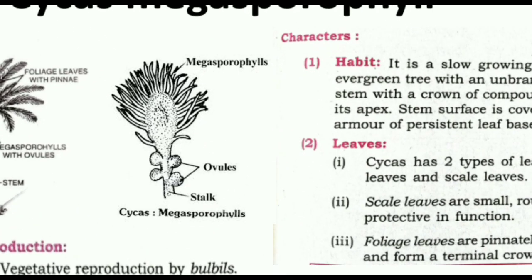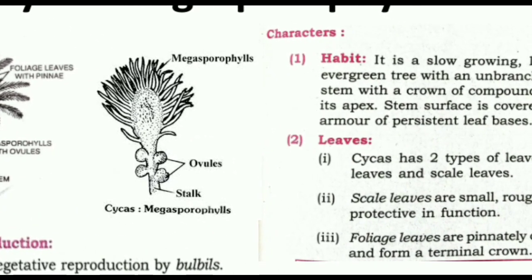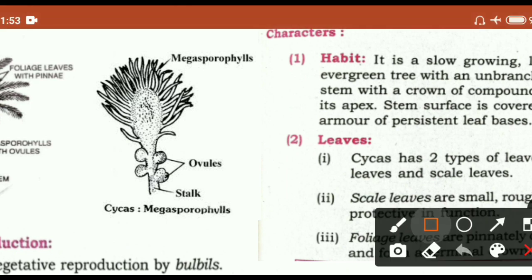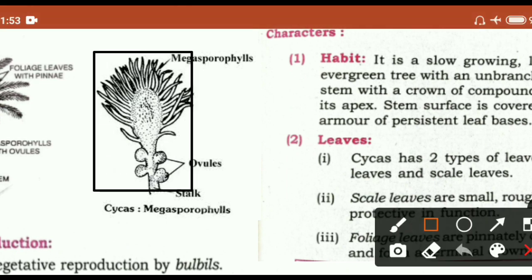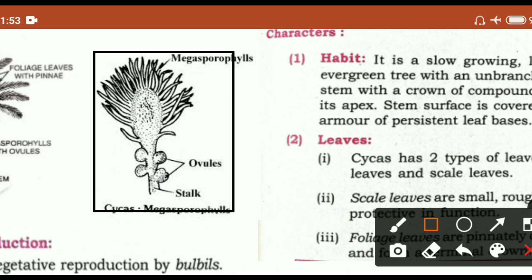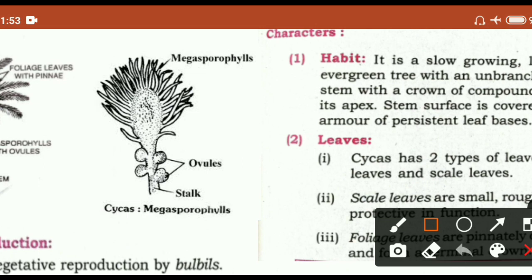Now understand this, since this entire female organ looks like a leaf, that's why you may see the word phyll. Phyll is the word which is related to leaves. Now this leaf-like structure has the ability to produce spores inside the ovules. So that's why we'll call it sporophyll.